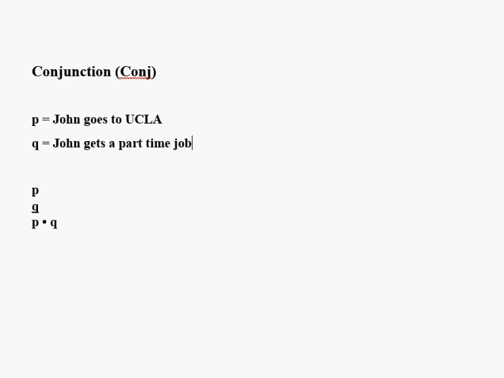Let's suppose that P represents John goes to UCLA. Let's suppose that Q represents John gets a part-time job. So if we have P, and that's what we have here formalized, and we have Q, then what conjunction basically says is that given P and given Q, we can conclude P and Q.